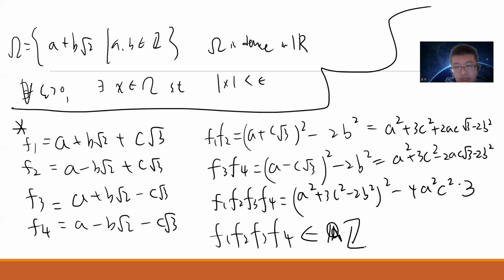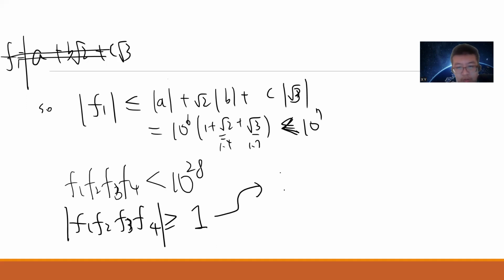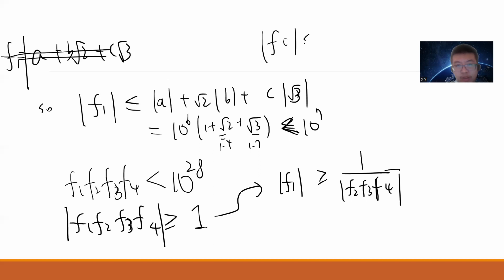But this product is an integer, so it's some nonzero integer, and its absolute value is greater than or equal to 1. This means that f1 actually has a lower bound, which is about 1 over f2 f3 f4. Each f_i is bounded by 10 to the 7, so f1 is greater than or equal to 10 to the negative 28.